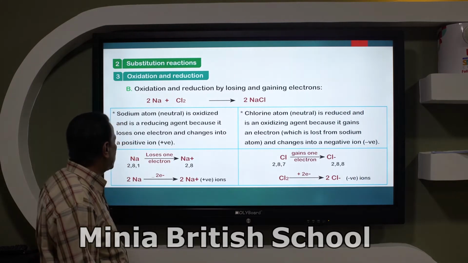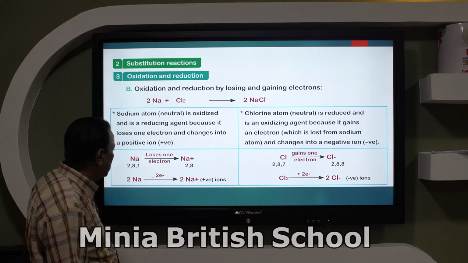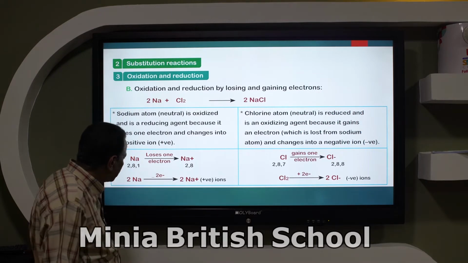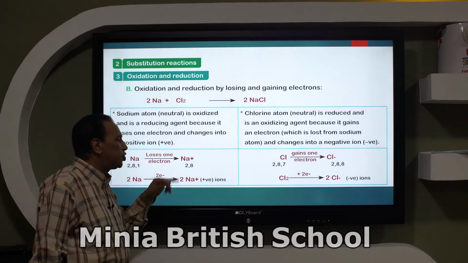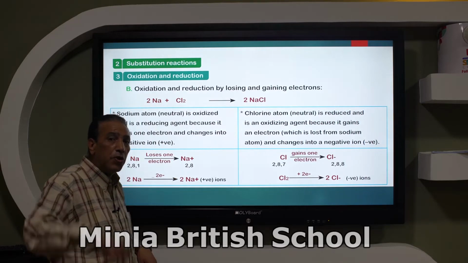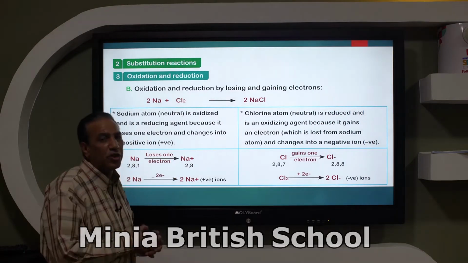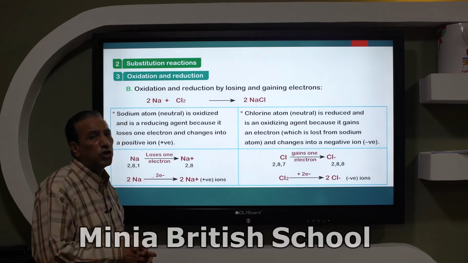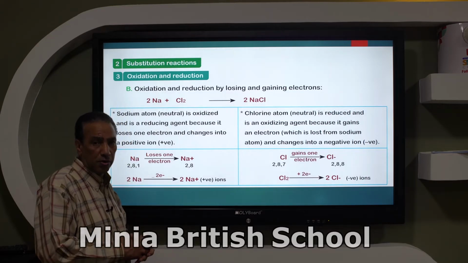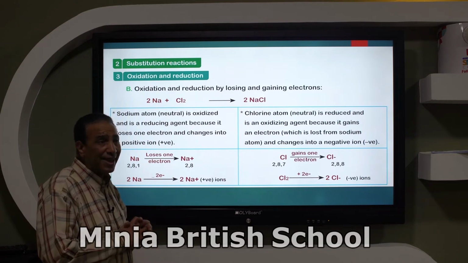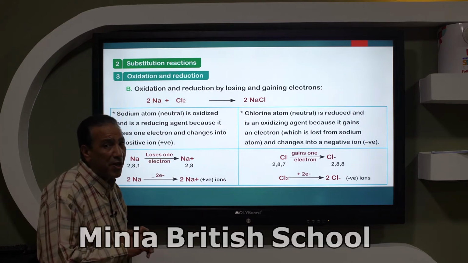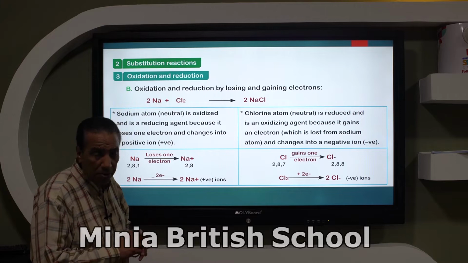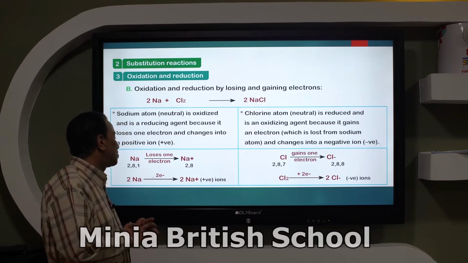During the formation of the compound or the chemical reaction, it must lose one electron and change into sodium positive ion. This process is called oxidation. That means we have another meaning of oxidation, which is losing one electron or more. And it occurs always in the case of the metals, because the metals are the elements that will lose.